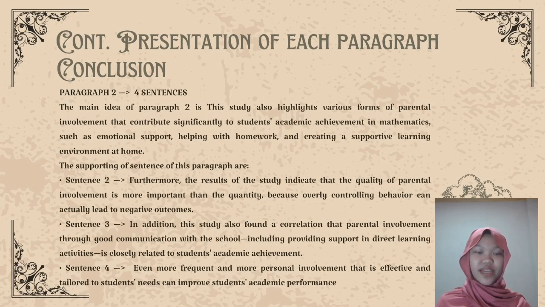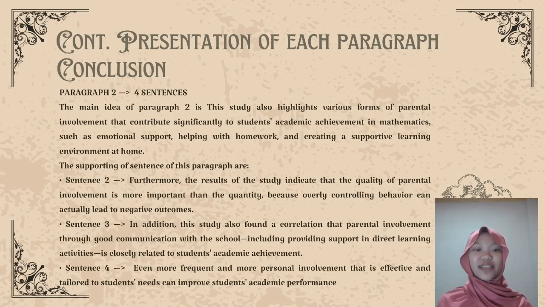Next is paragraph 2 in the conclusion. In paragraph 2, I have 4 sentences. The main idea of paragraph 2 is: the studies also highlight various forms of parental involvement that contribute significantly to students' academic achievement in mathematics, such as emotional support, helping with homework, and creating a supportive learning environment at home.